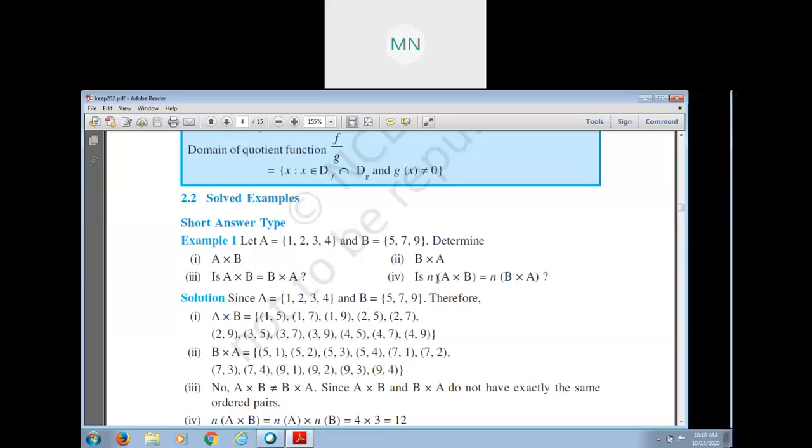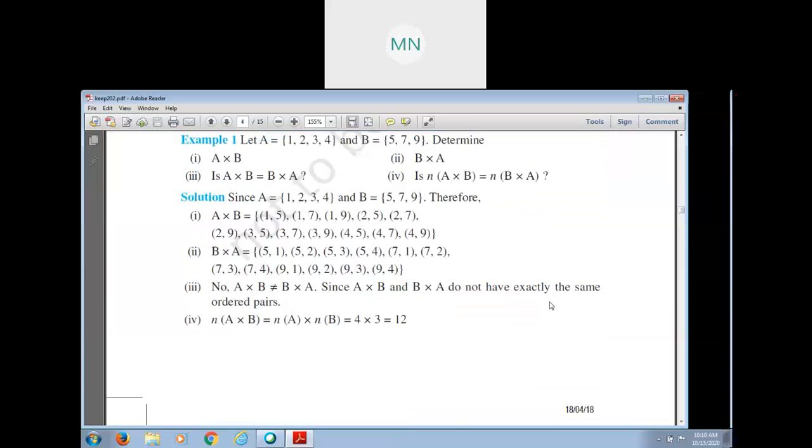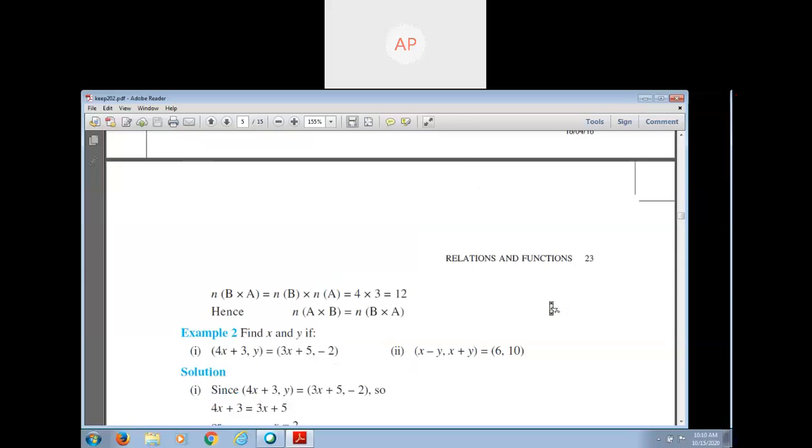So we can say that n of A cross B equals n of B cross A, but A cross B does not equal B cross A. Okay, understand? Yes, ma'am. Okay then.